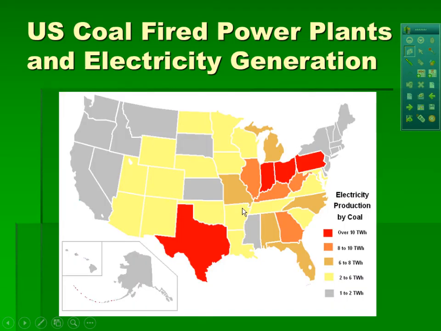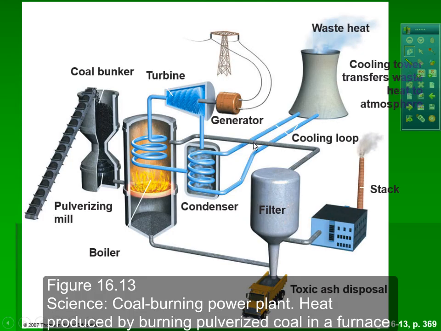This is looking at our production of coal, or our production of power plants and electricity by coal. Texas is a high one, and then you get up here as well. You see pretty much central U.S., right? And southeast, so middle of the continent, country, whatever. Okay. This is the process by which you are making coal. So you mine it, you pull it out, you have to pulverize it, break it down.